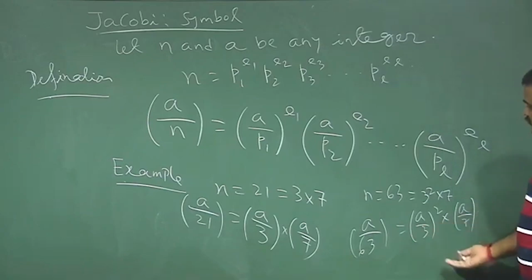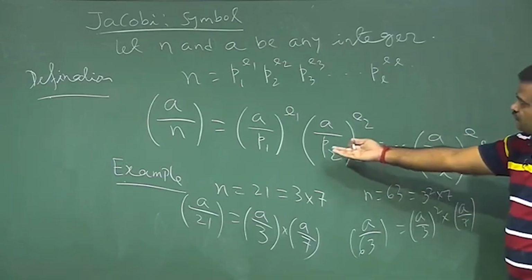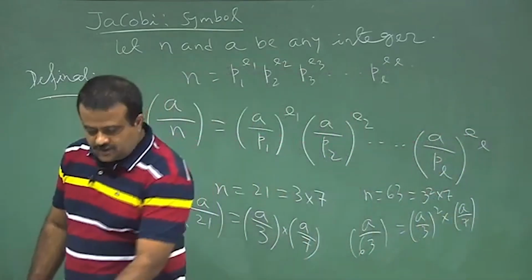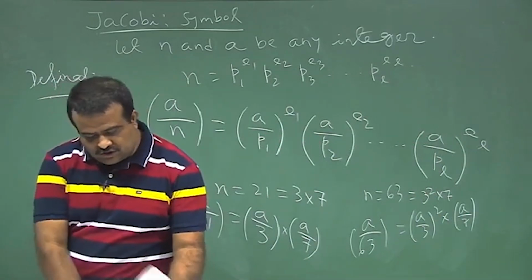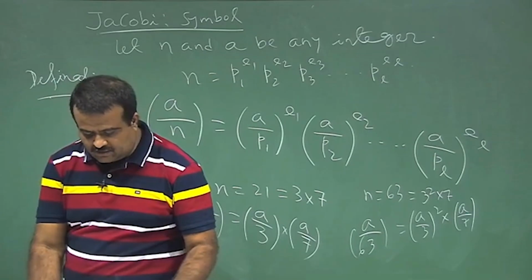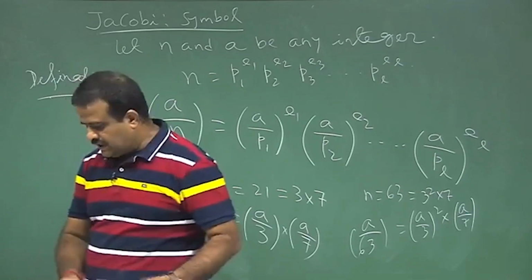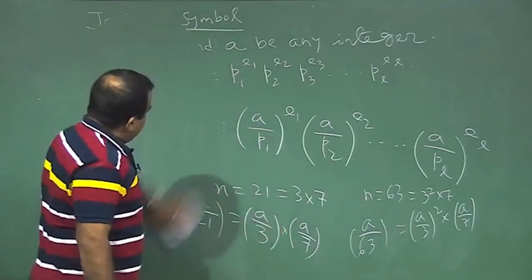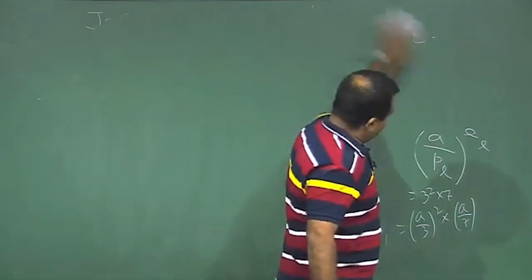So, the Jacobi symbol is defined through the Legendre symbol, and now we will talk about some properties of this symbol, so that you can use them to calculate Jacobi symbols. These are the results on the Jacobi symbol, and they can be proved by this factorization of the primes in the Legendre symbol.